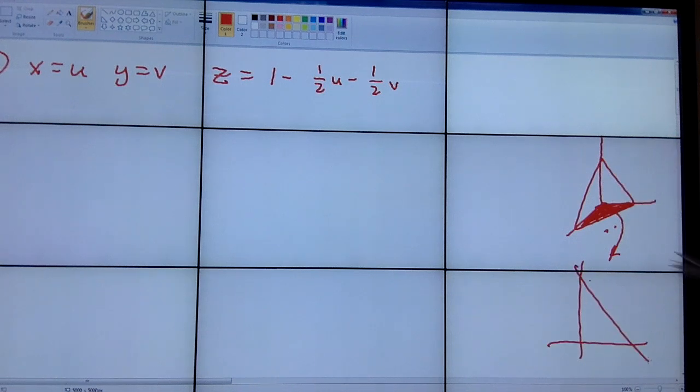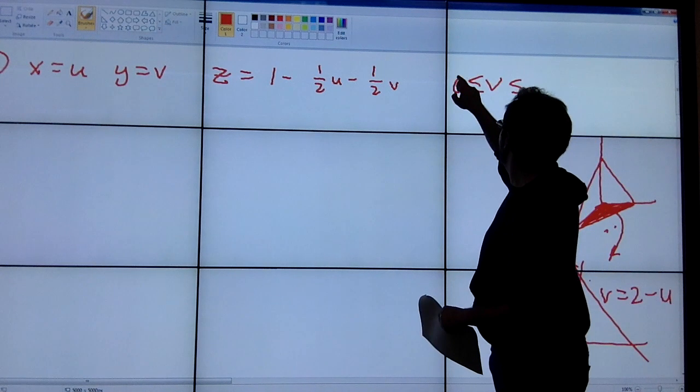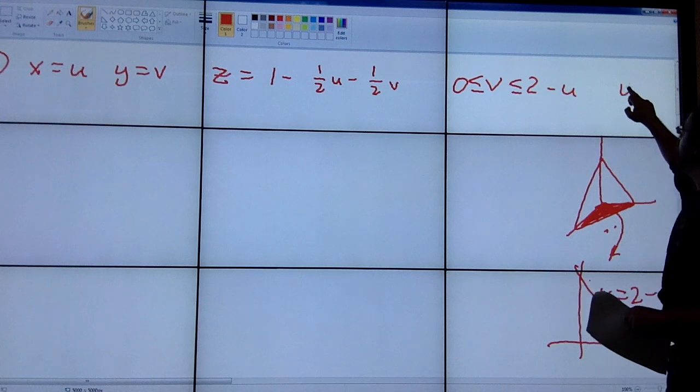And that would be the equation v equals 2 minus u. So v goes from 0 to 2 minus u, and u goes from 0 to 2.